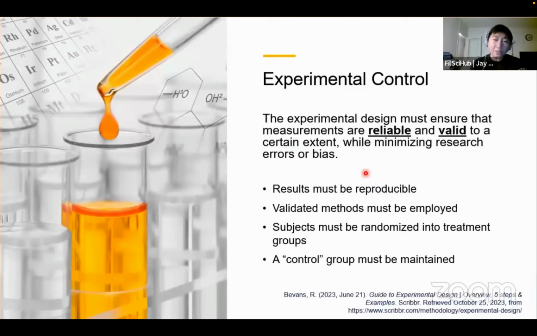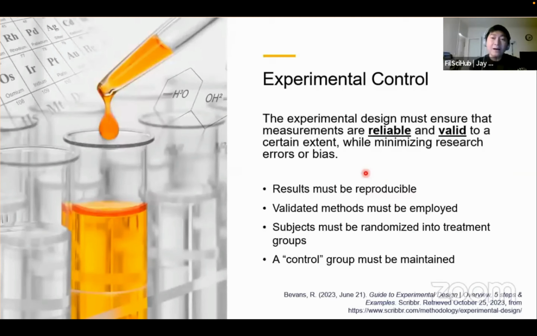These are already sophisticated instrumentation na pwede natin i-employ so that we know that these are valid, and whenever methods are valid, we know that they are reliable. So it comes hand in hand.